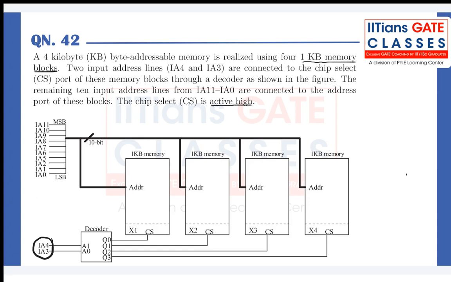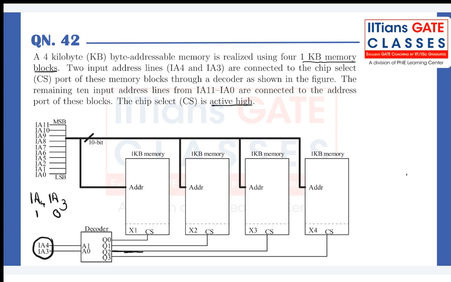I hope you know what a decoder does. It's very simple. In this case, it's a 2 by 4 decoder, so there are four outputs denoting each decimal number: 0, 1, 2, and 3. If I ask you the binary of 2, you set IA4 and IA3 as 1, 0, and then this line will be activated.